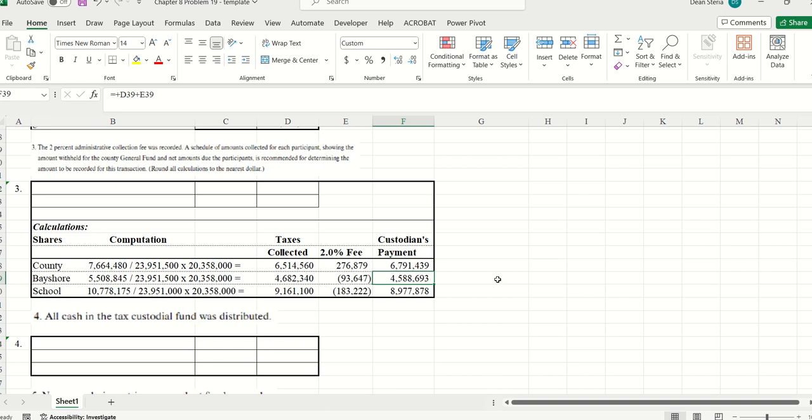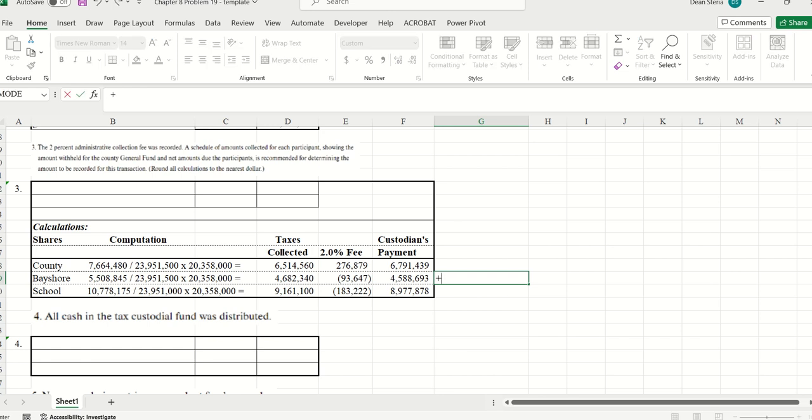So let's just calculate it to make sure that is right. So I'm going to take 7,664,480, and I'm going to divide it by 23,951,500, and I get 32%.